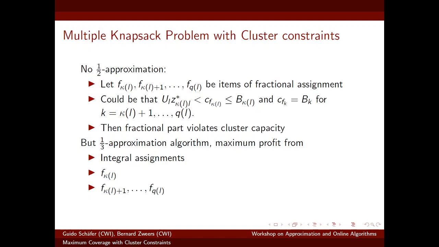And then the same holds for all other fractional items, because we assume that the critical knapsack is the first knapsack for which the budget violates the cluster capacity. So that means that because the fractional assigned item is always less than the capacity of the respective knapsack, these items should also be at most the capacity of the knapsack.